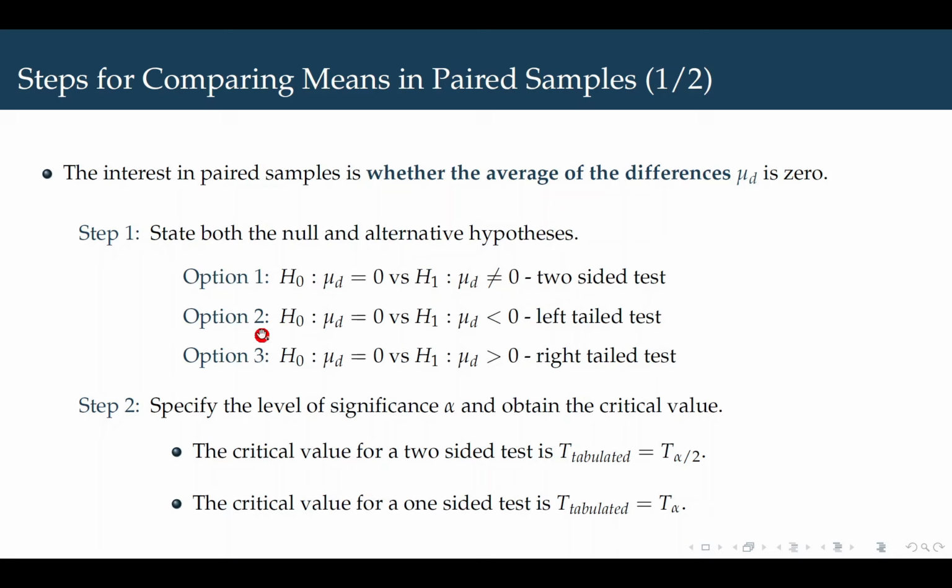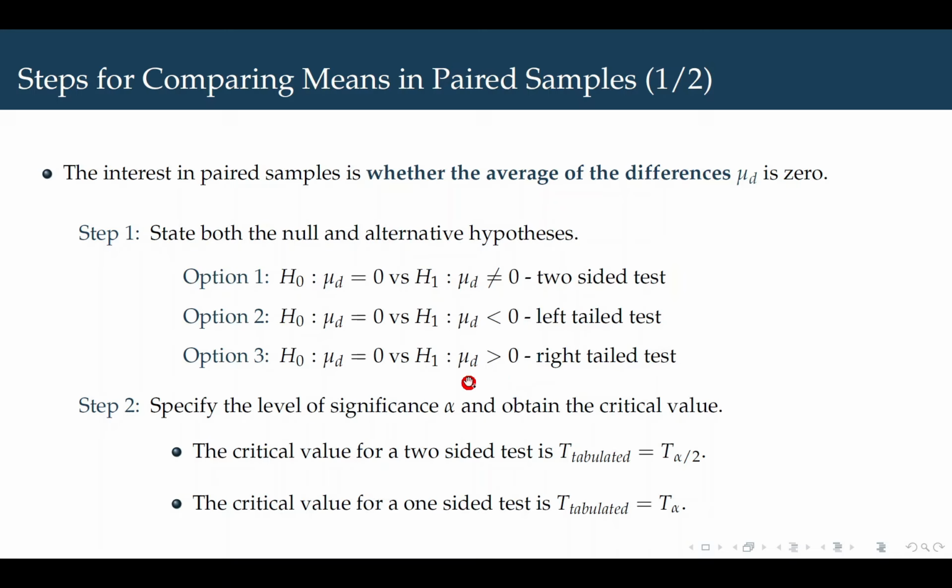And in the second, H naught may represent mu D equals 0, and H1 could be mu D less than 0, which states the population mean of the differences is significantly less than 0. And similarly, for the third option, H naught may represent again mu D equals 0, and the alternative could be H1 mu D is greater than 0.